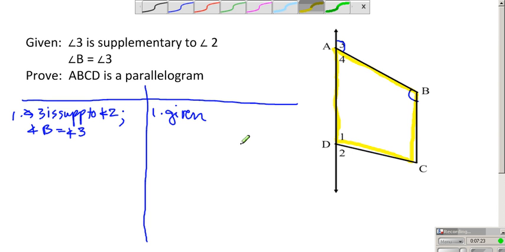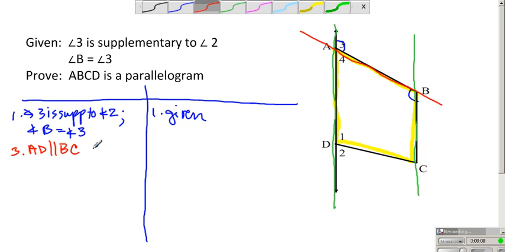So the first thing I'm probably going to say when I see 3 and B being equal, again, despite what the picture looks like, if I think about this line right here, and I think about this line right here, and I look at this, it appears to me that I have alternate interior angles, which does let me say that AD is parallel to BC because alternate interior angles imply parallel.